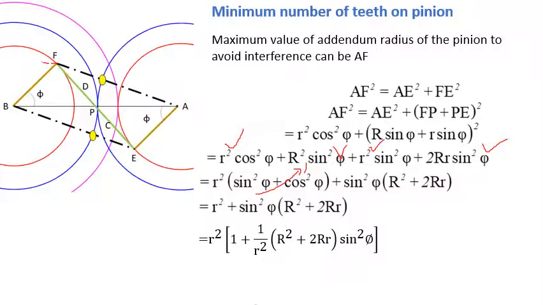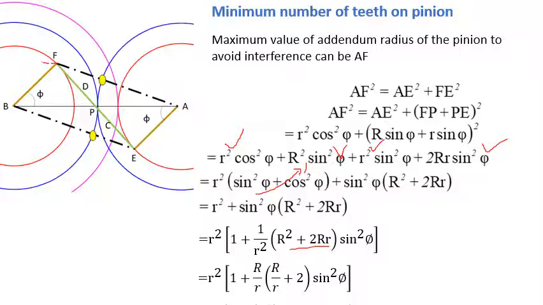Then we are taking small r square as common. Therefore this is the obtained equation: 1 plus 1 divided by r square into R square plus 2 capital R into small r into sin square phi. So again we are taking capital R inside the bracket.